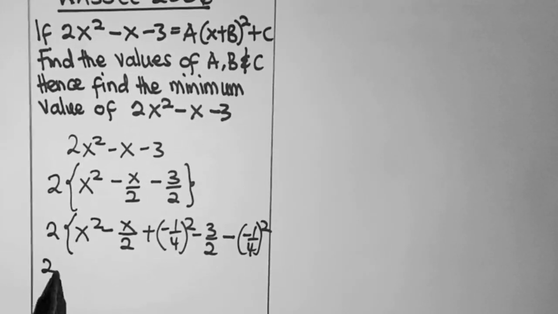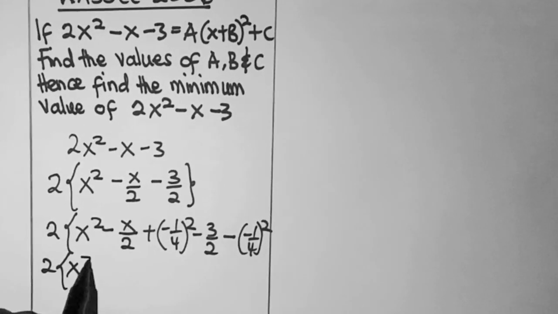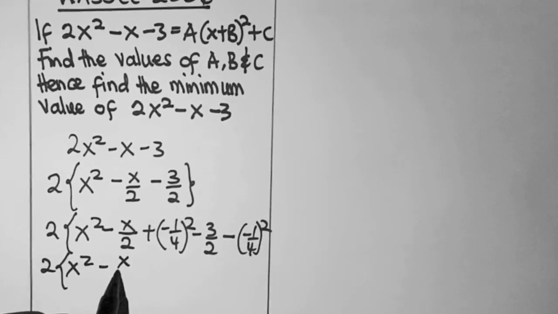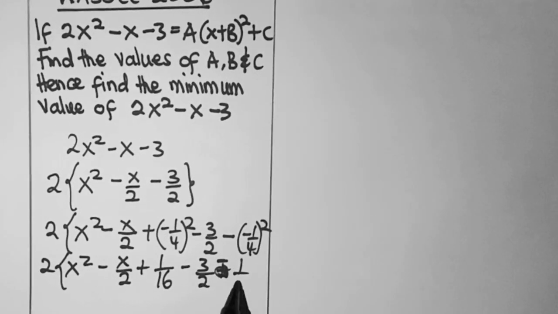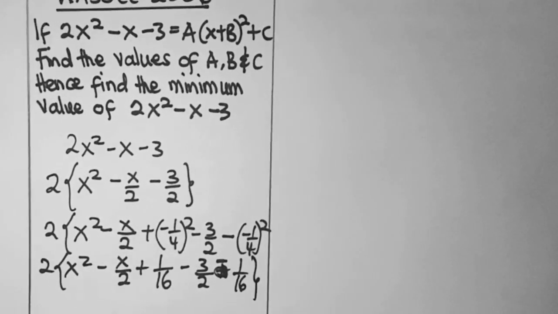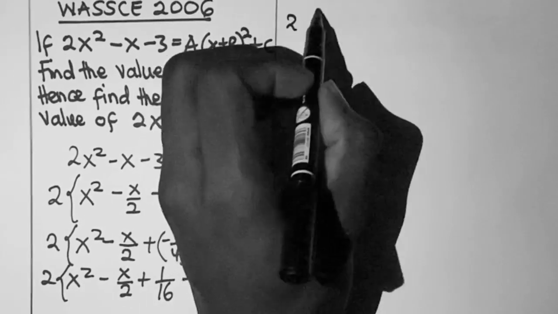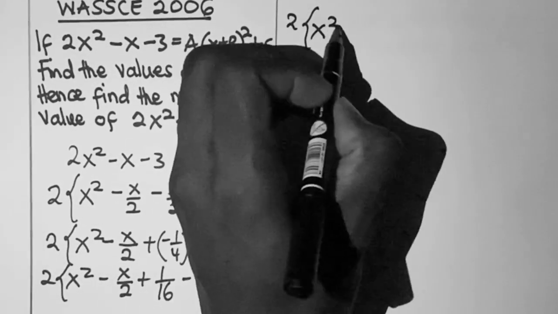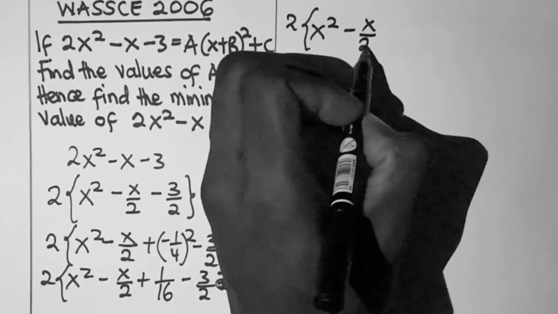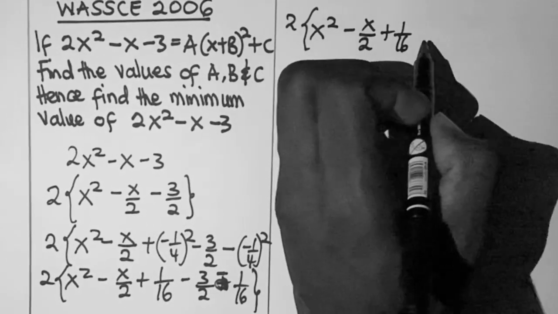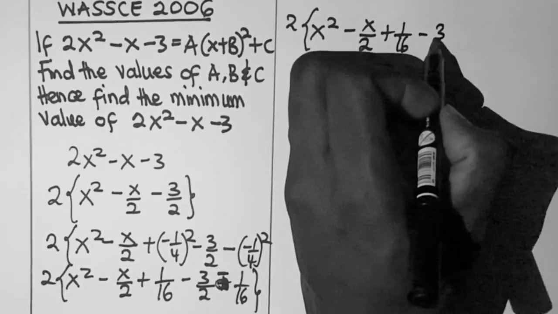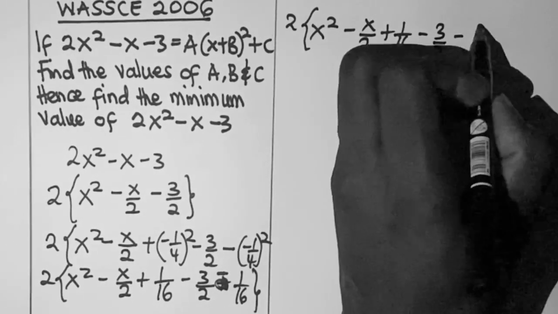So now this becomes 2 times x squared, then minus x over 2, then minus 1 over 4 squared becomes plus 1 over 16, then minus 3 over 2 minus 1 over 16.